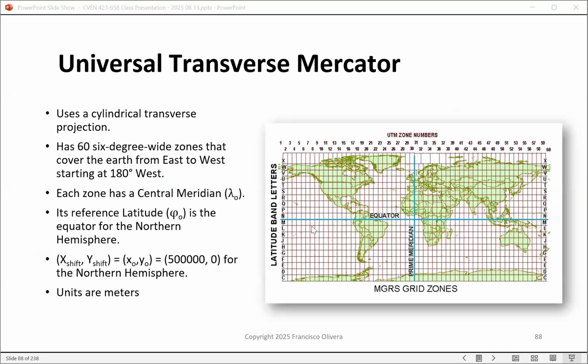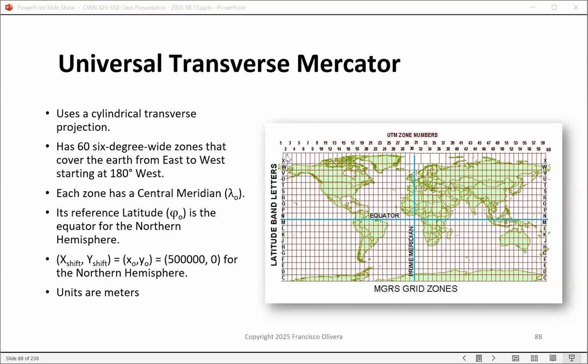So Mercator said, we're going to define zones, and at the equator, this distance is going to be very close to 666 kilometers, a little bit more. So he divided the Earth into 60 zones, and each zone is going to cover 6 degrees.